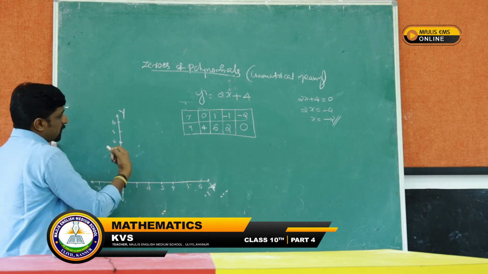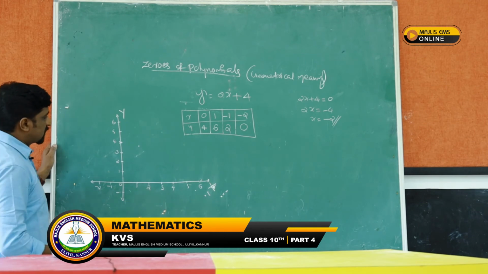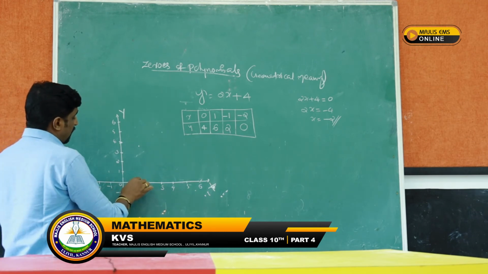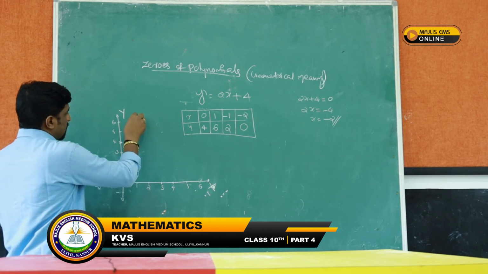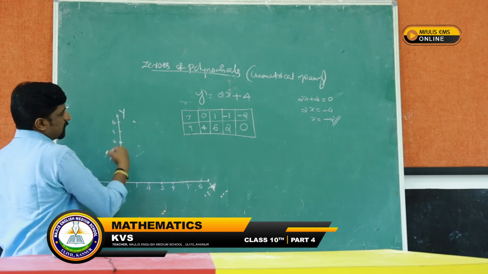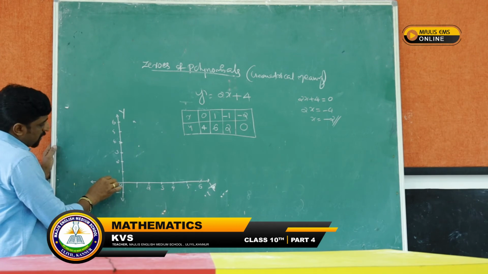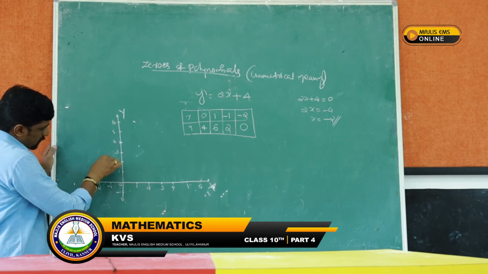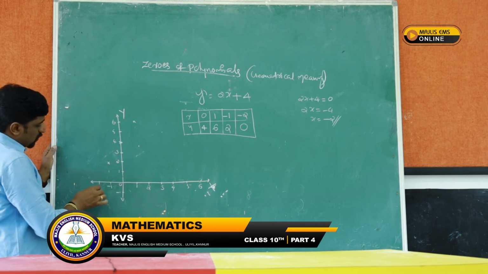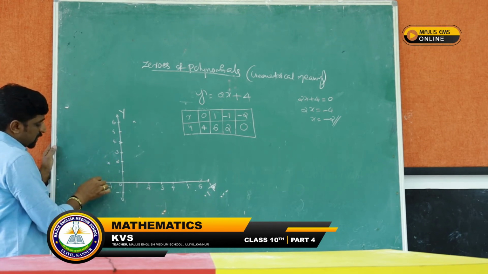Then (1, 6): x 1, y 6, means here 1, 6. Then (minus 1, 2): x minus 1, y 2, means actually here, and (minus 2, 0): x axis minus 2, y 0, like this.